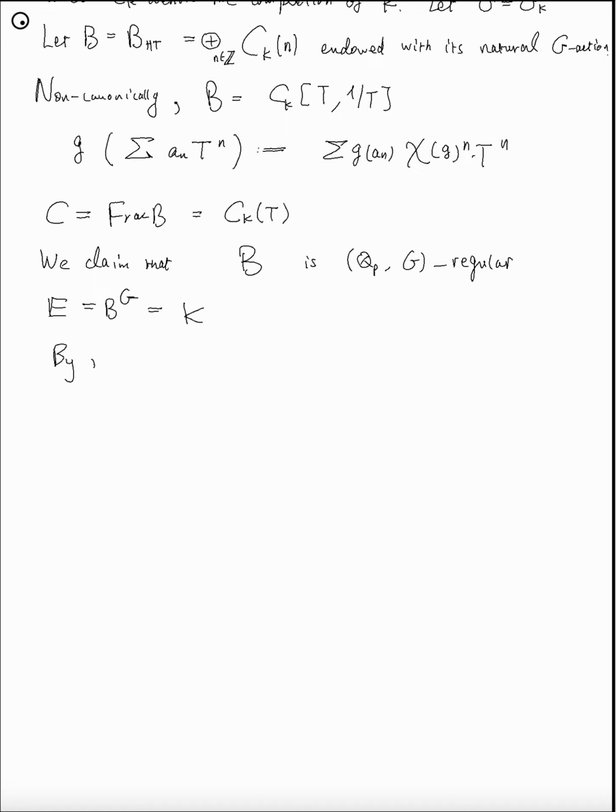Now by the Tate-Sen theorem, this fixed point of B under G has a decomposition. So this decomposition comes from the fact that we have already described here. The Tate-Sen theorem just tells you that when we take the fixed point, this is just the sum of K over n.